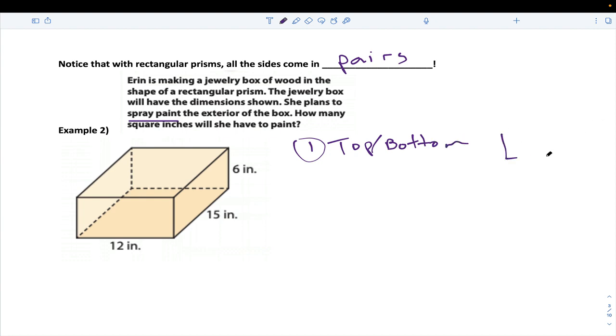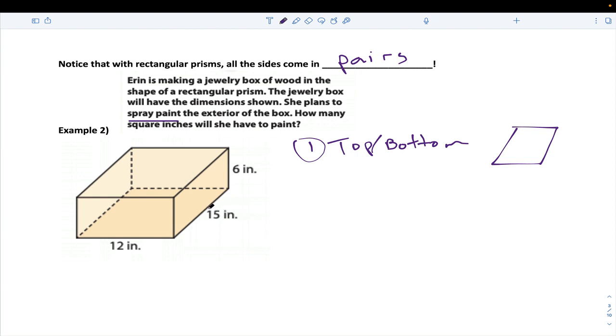For now, in the notes, I want you to draw a sketch of the top and the bottom. So I'm going to say this right here is the top and bottom. What are the side lengths of this top? I'm scanning for any of the numbers. What 2 numbers would you use for this one, Hunter? Yeah. 6 and 15.